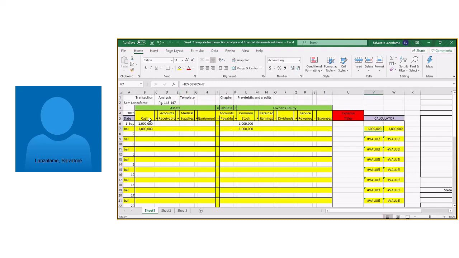I took whatever is in B7, D7, F7, and H7, added them together, and that gave me $1,000: 1,000 plus 0 plus 0 plus 0. On this side, if I click on this 1 million, you'll see accounts payable J7 plus whatever's in common stock plus whatever's in retained earnings, subtract out the dividends, add the revenue, and minus the expenses. So the whole left side is getting added, but on the right side, everything is getting added except dividends and expenses, which are getting subtracted on this yellow row. Okay?